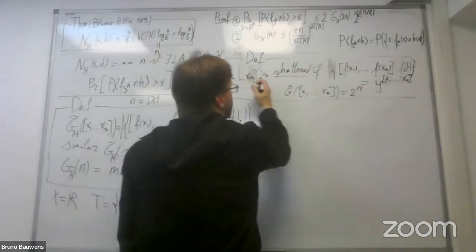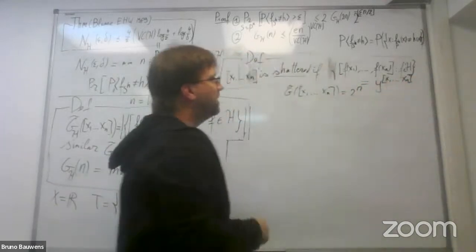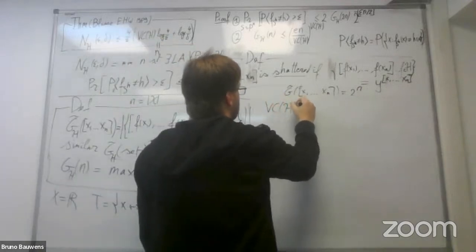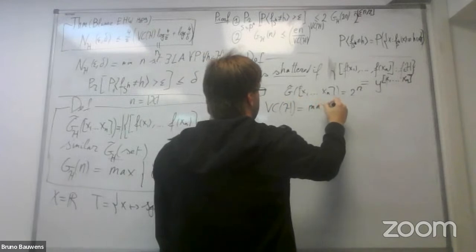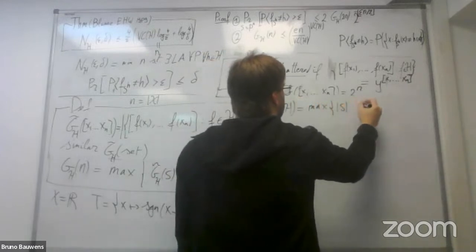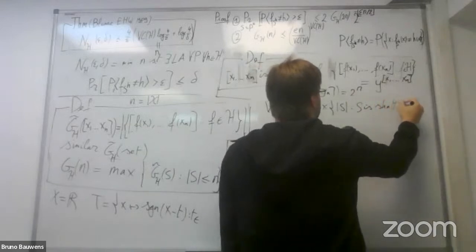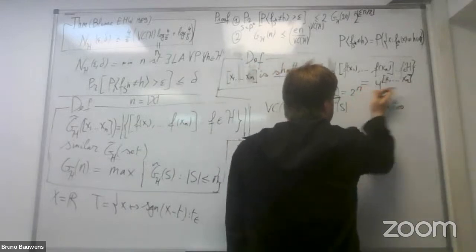And the VC dimension is the largest size of a shattered set.